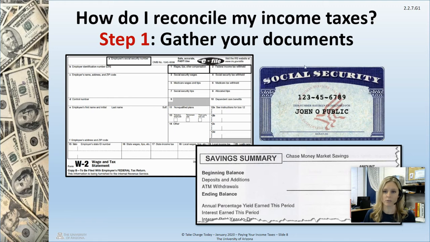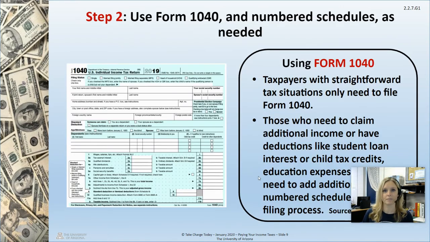Also, if you don't have your Social Security number memorized, you'll need to find your Social Security card. And then you may also have some other documentation, such as a savings account statement that shows how much interest you earned through the course of the year. But most likely, you're not going to have to worry about that unless it's a very significant amount.